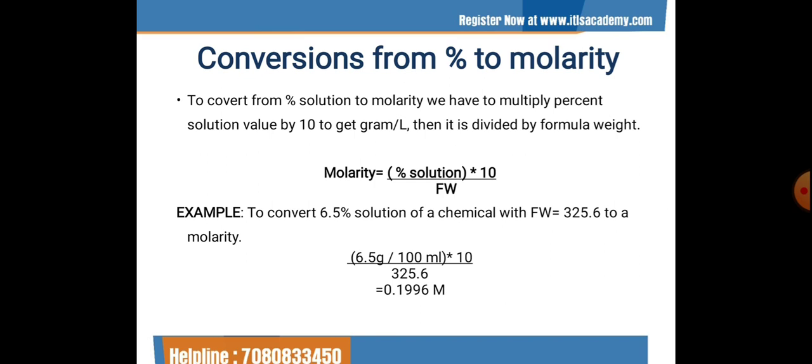Suppose, for example, to convert a 6.5% solution of a chemical whose molecular weight is 325.6 to a molarity, we can easily put these values directly into the formula, that is 6.5 gram per 100 ml into 10 divided by 325.6, and on calculation, the molar concentration we get is 0.1996. You can also cross-check it by putting these values into the molarity formula and calculating the molarity.